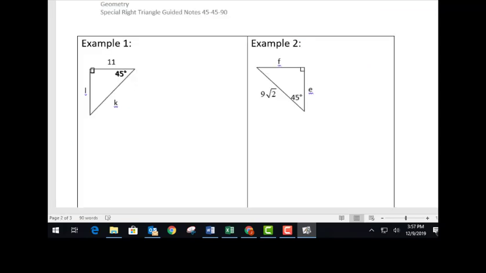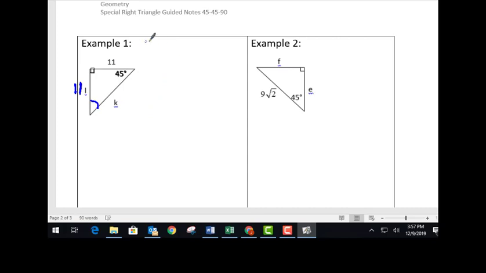So here we go for example 1. The first thing we need to do is figure out, are we in scenario 1 or scenario 2? Well, I got a 45. Since this is 45, this one has to be 45 because that's 90. That means if that's 11, this has to be 11. So the only thing I don't know is the hypotenuse. We know the 2 legs, we got to find the hypotenuse.